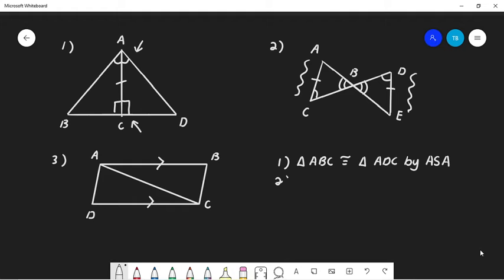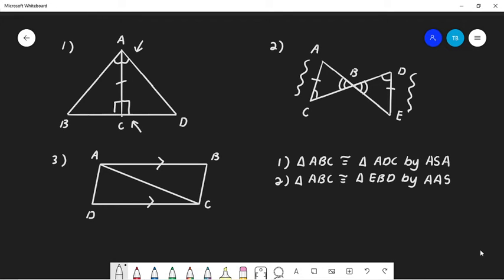So our answer for number two then would be triangle ABC is congruent to triangle EBD by the angle angle side postulate.